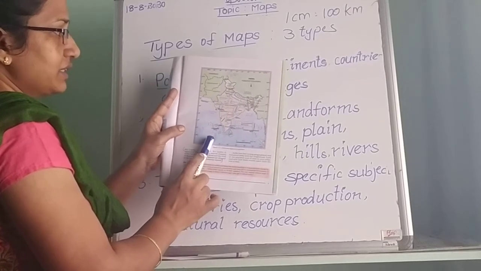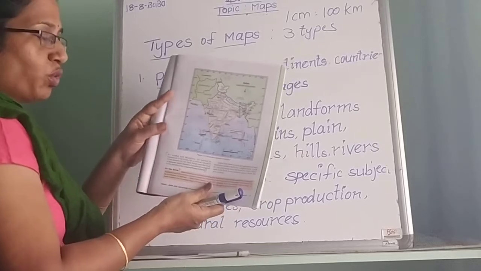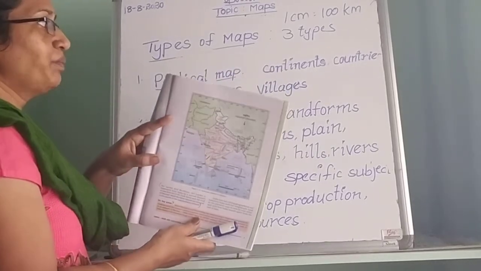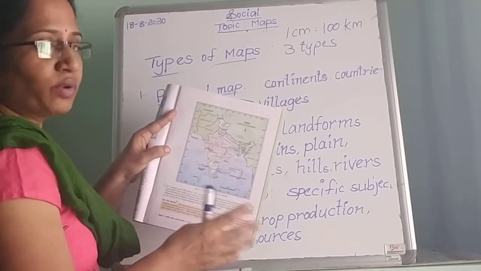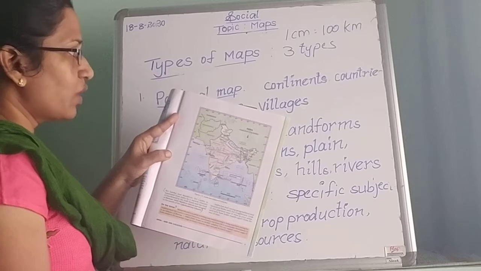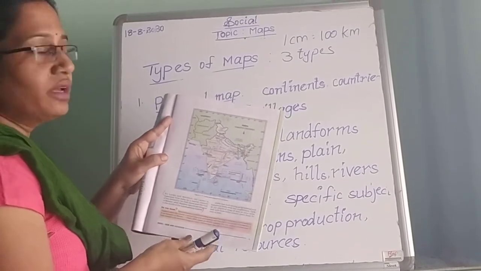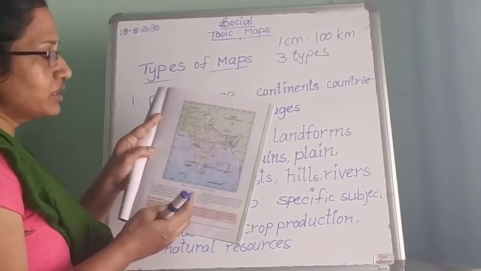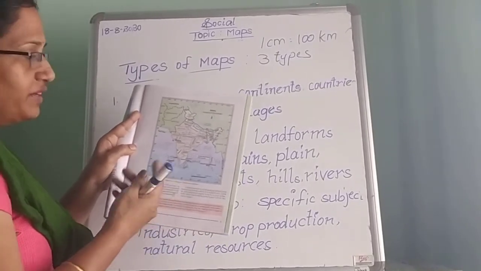In a world political map, we can show countries, continents, cities, towns. If it is an Indian political map, we can show the states, cities, capitals, towns, villages.